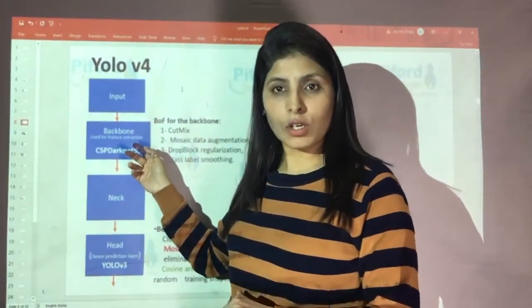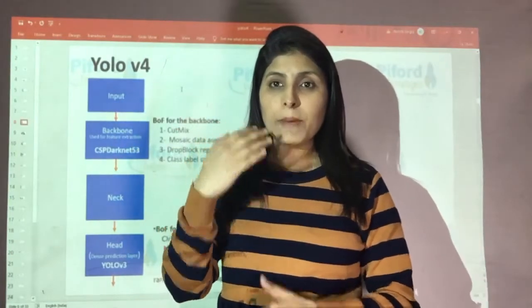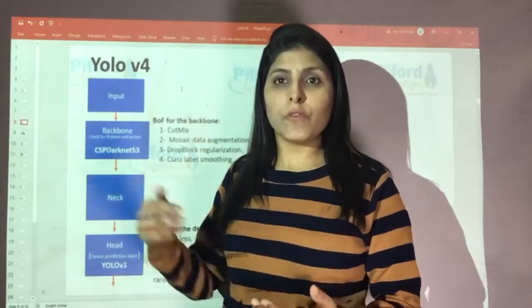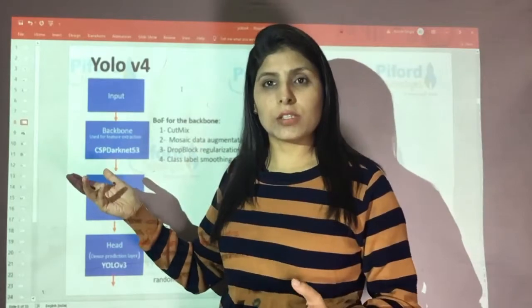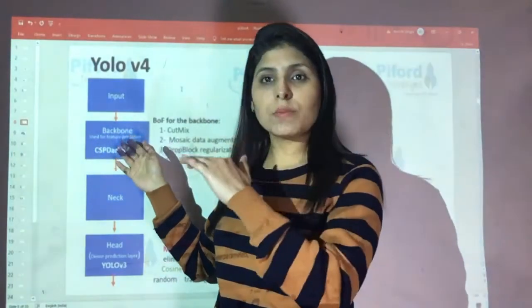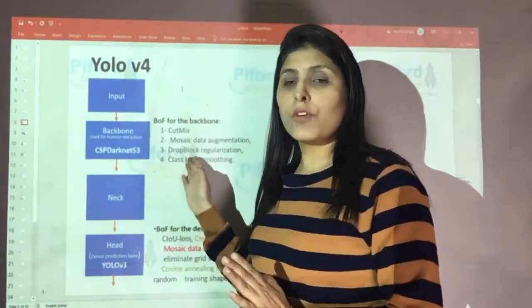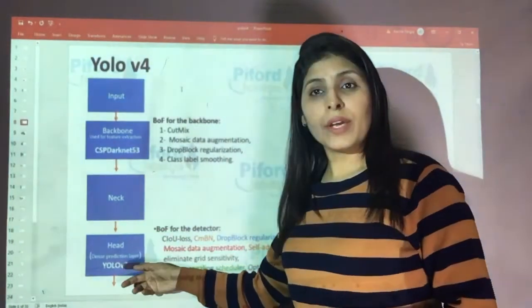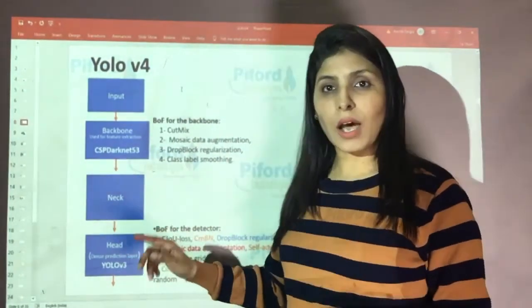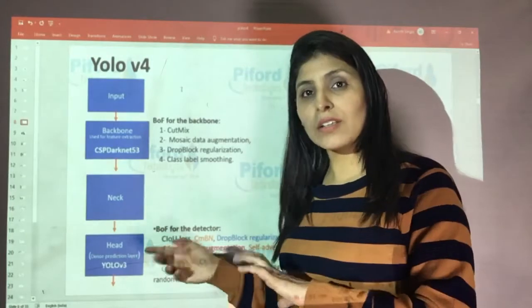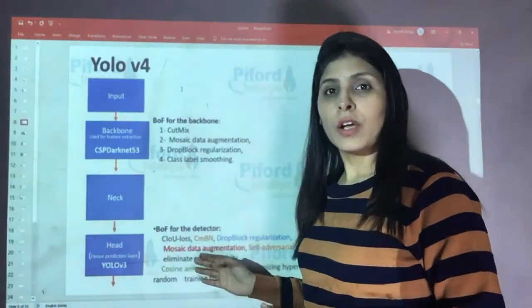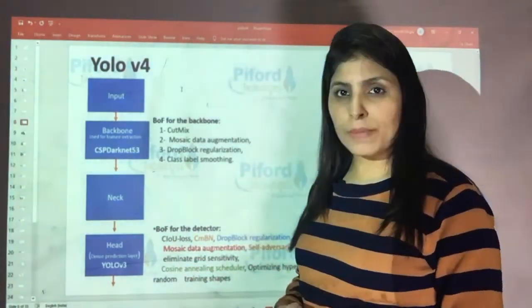We are extracting features, so for improvement of the model we will be using some different kind of techniques. Because the task of this block is different, the techniques will be different. And over here the task of this head block, this detector, is different, so we are going to use different kinds of bag of freebies over here.